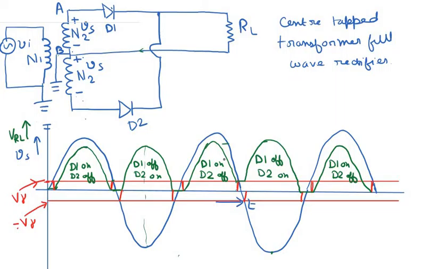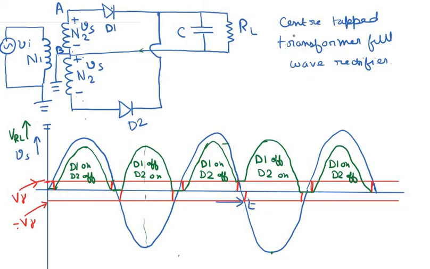At the output we want a voltage which is almost constant. Just as before, what we can do is put a capacitor filter in parallel with this resistor RL. The function of this capacitor is to charge itself and then discharge when no current is flowing through the diode, so that an almost constant voltage is maintained across the load resistor RL.